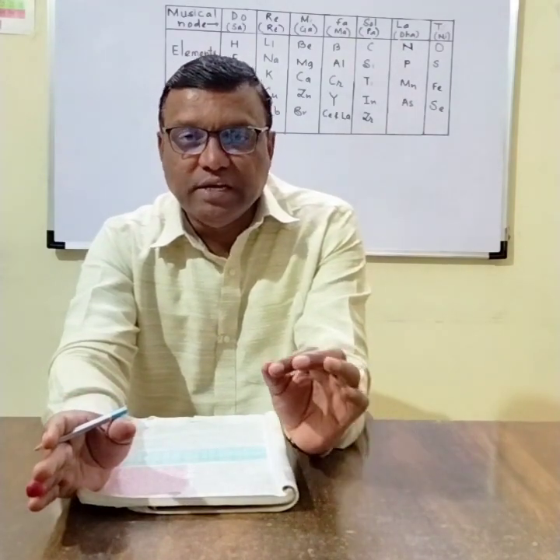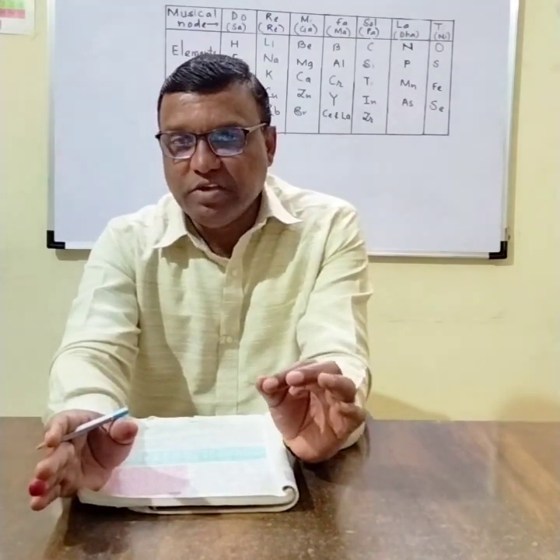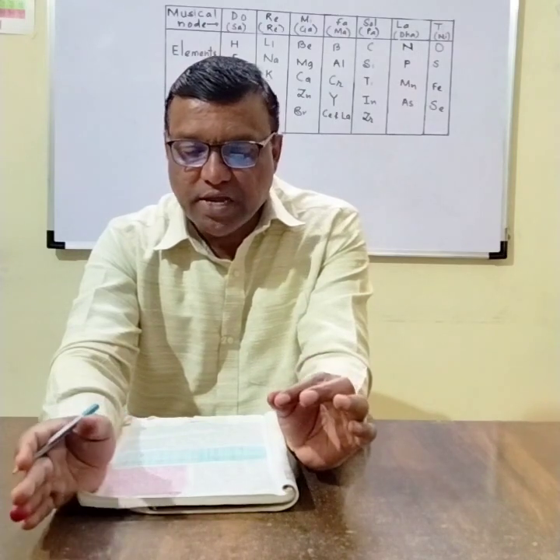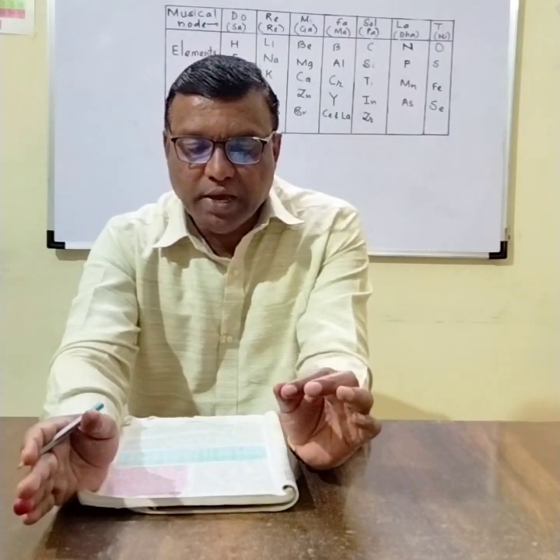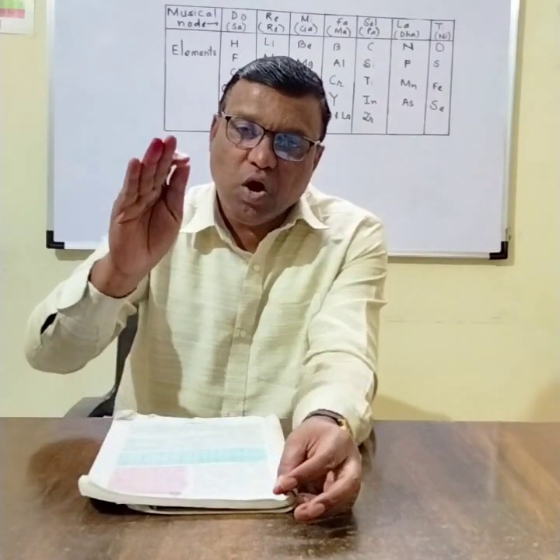This point is very important. Near about in 1866, Newland arranged near about 56 elements in an increasing order of their atomic masses.